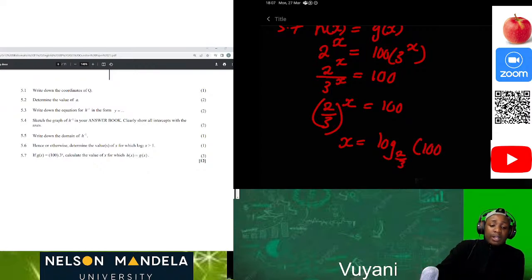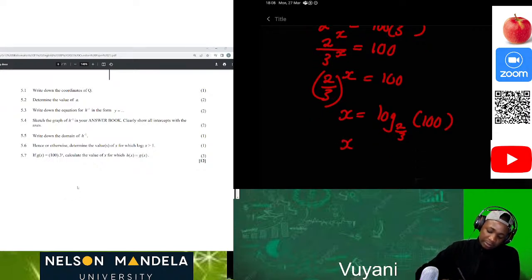That will be the value of x. So let's use our calculator to get the value of x. We just applied our skills in solving exponents and log equations.